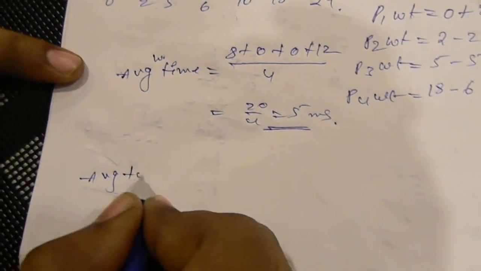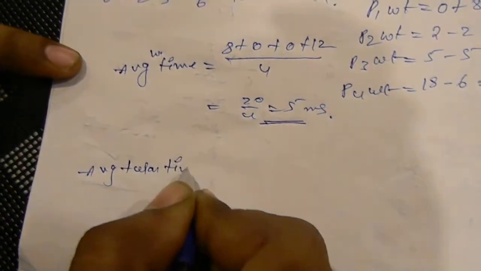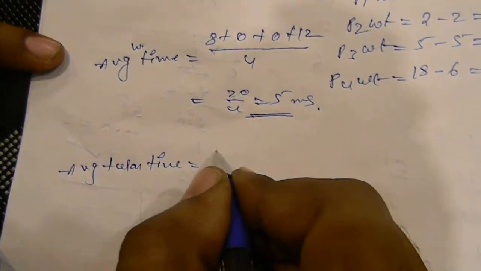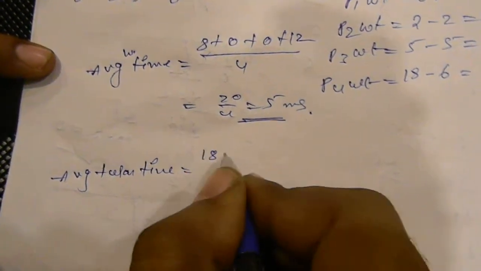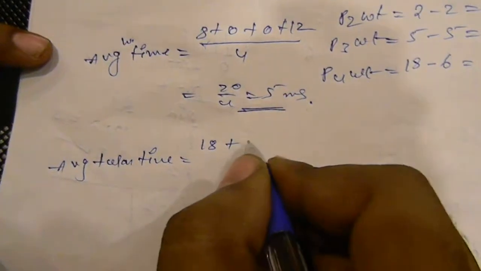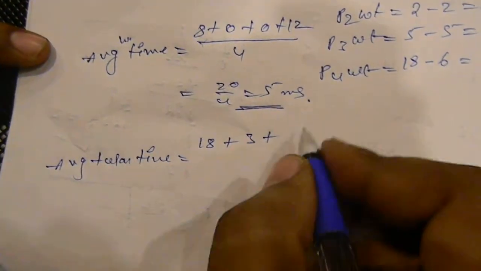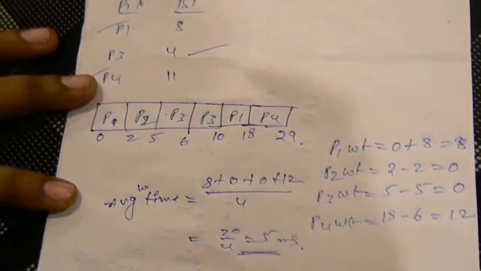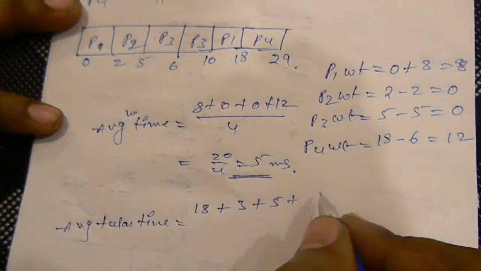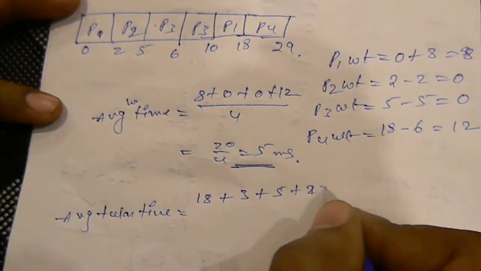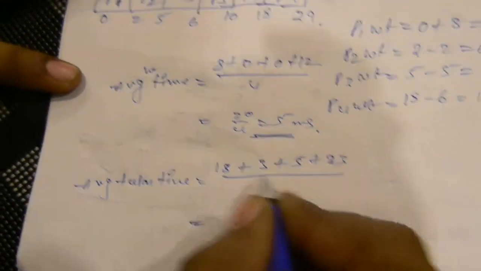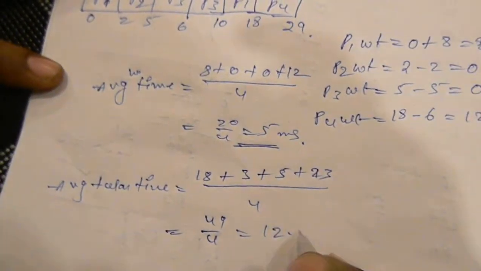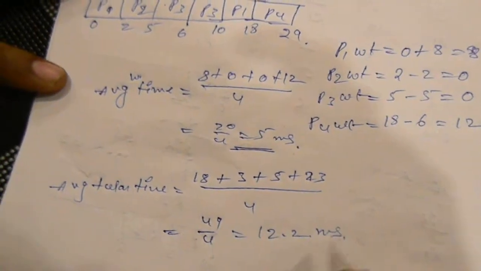Average turnaround time, that is waiting time plus burst time: 18 plus 3 plus 5 plus 23, divided by 4, that is 49 by 4, that is 12.2 milliseconds. This is the average turnaround time.